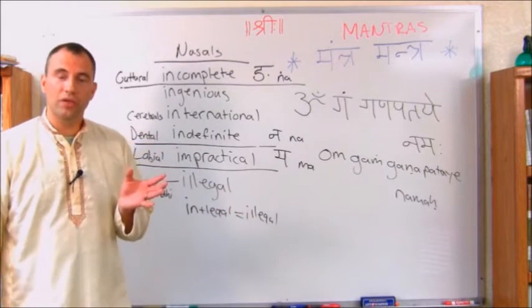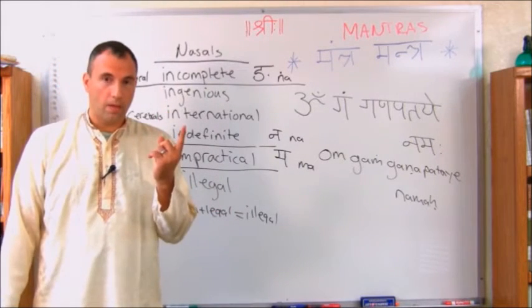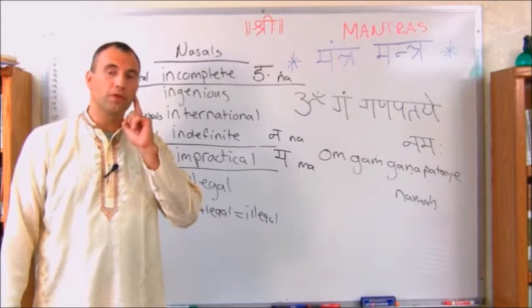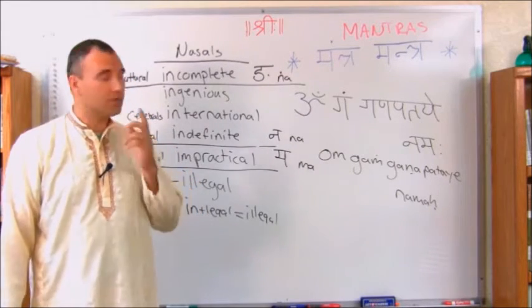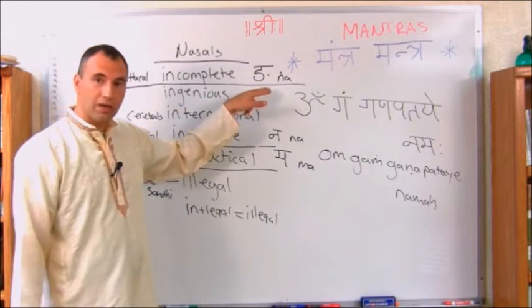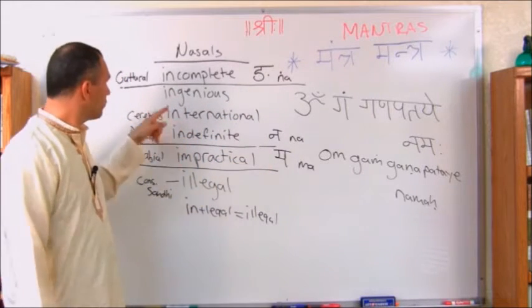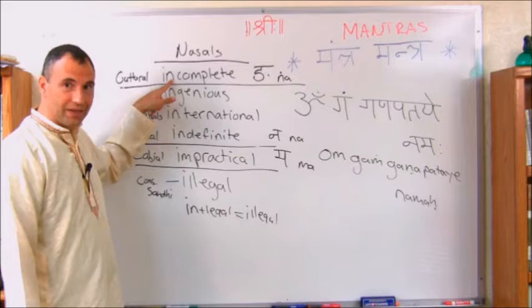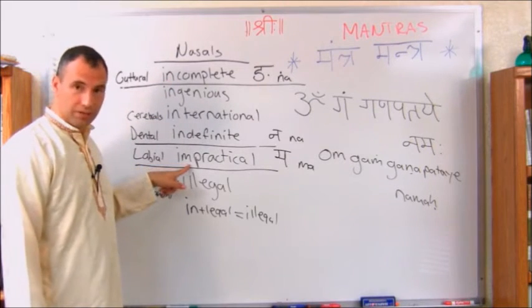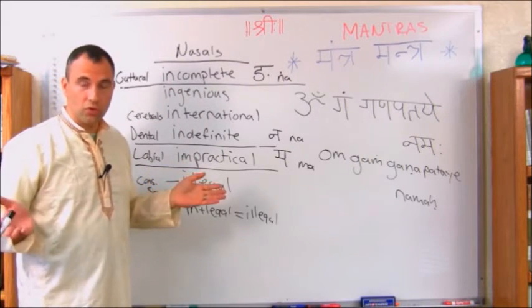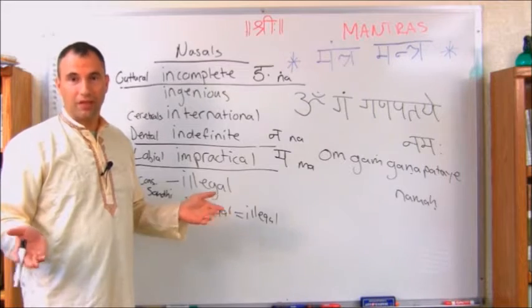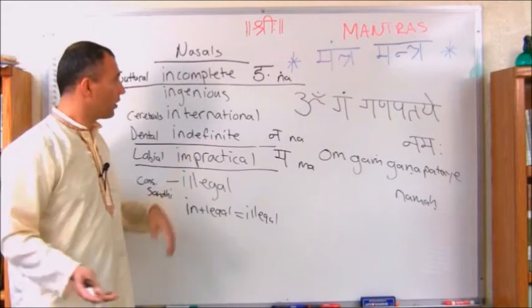So the nasal is one thing, but it will come from different parts of the mouth, and hence there are different letters attributed to it in Sanskrit. In English, there's only the letter N as in Nancy and M as in Mary. Those are the only 2 nasals we have. Sanskrit has 3 more.